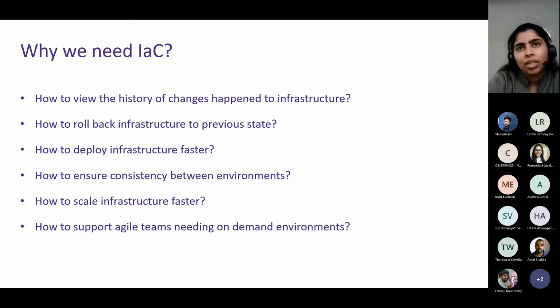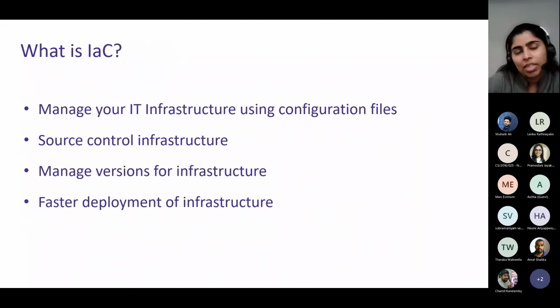Infrastructure as code is introduced as a solution to all the problems faced by the IT teams. So let's go ahead and see what is infrastructure as code. Infrastructure as code is managing your infrastructure using configuration files. You have all the configuration details in a script, and you can deploy infrastructures using that script.